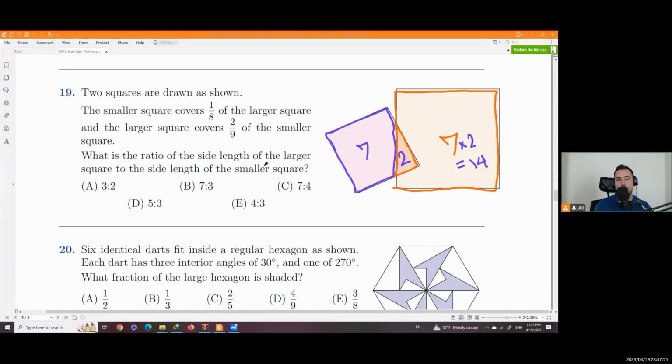What is the ratio of the side lengths of the larger square to the side lengths of the smaller square? So the large one, this was 14, plus 2 is 16. 4 times 4 is 16. 7 plus 2 is 9, so this is 3 times 3. So the ratio of them is 4:3. Okay, let's go.